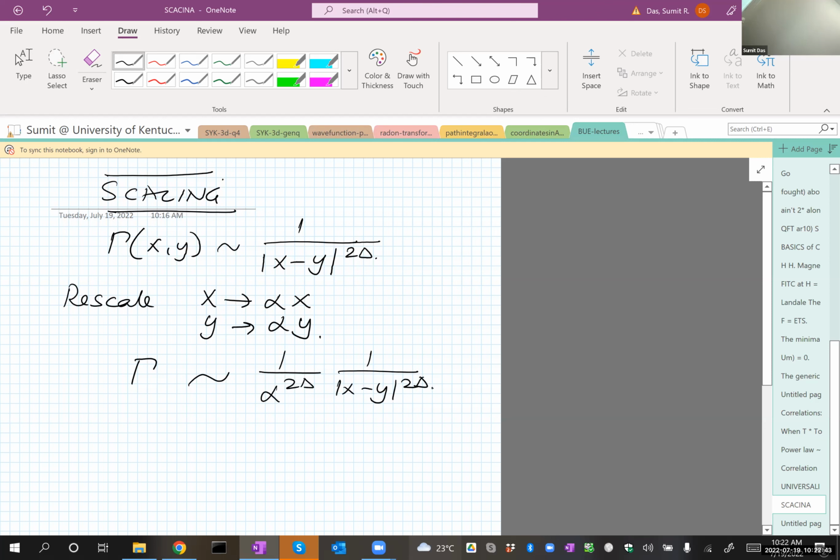What does this mean? If I measure the correlation function at some distance, like 1 centimeter, and I measure at a distance of 2 centimeters, the two measurements are related by a simple power. So this is called scaling behavior.